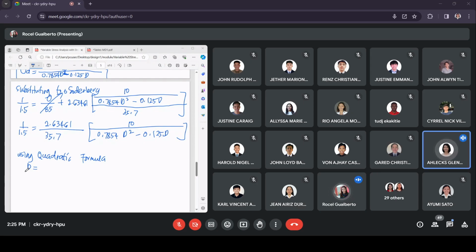Ma'am, can't we just use shift solve? At least you should have the equation here. I'll see the equation, and then you state using the quadratic formula what the diameter is. That is the time you use the shift solve.